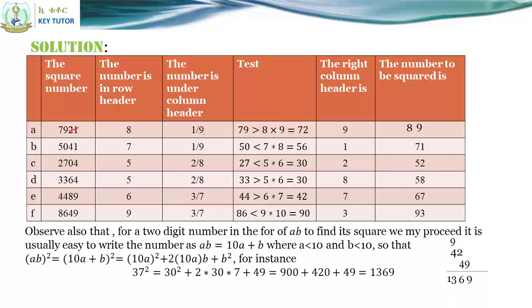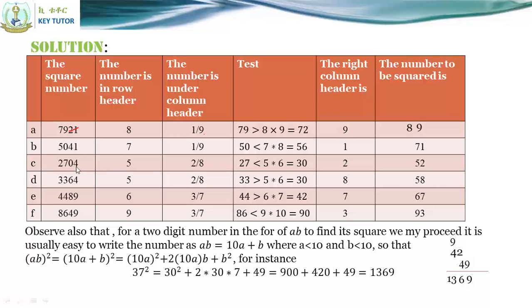Let's also consider 2,704. In the case of 2,704, you see the last digit is 4, meaning this number exists in the column of 2 or 8.